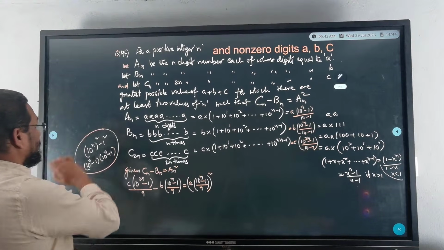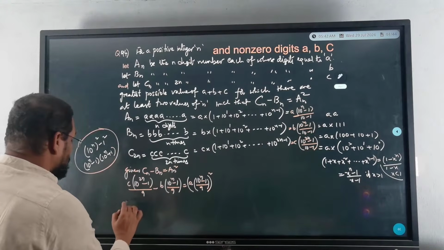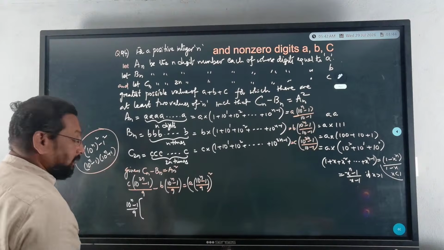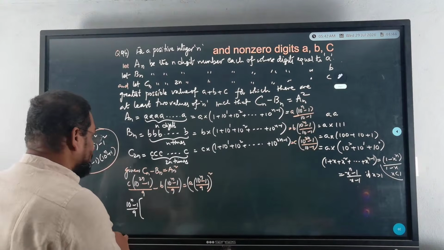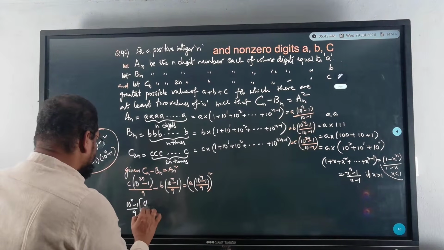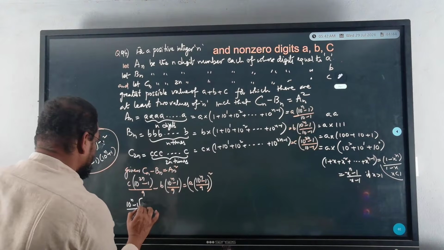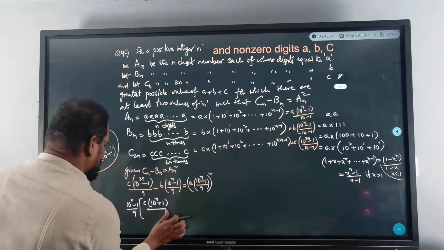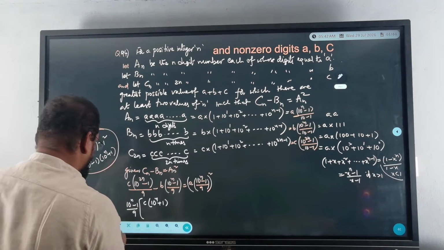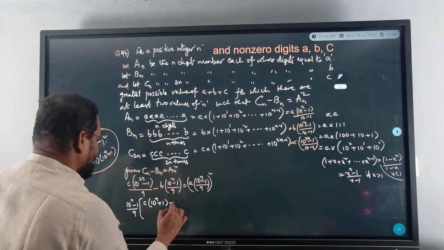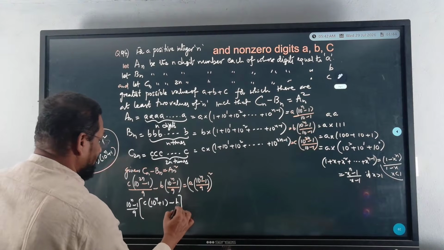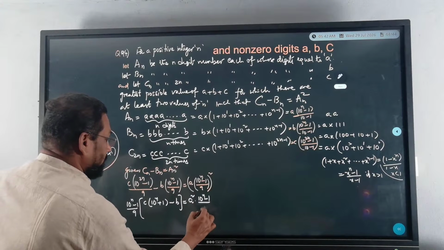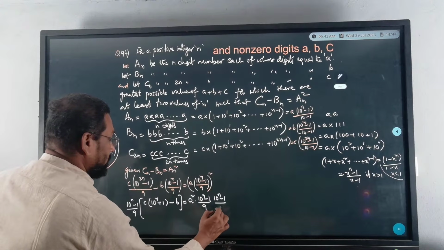This is a square minus b square. So from these, 10 power n minus 1 by 9 is common. Observe here, c into 10 power n plus 1, minus b, is equal to a square into 10 power n minus 1 by 9 into 10 power n minus 1 by 9.